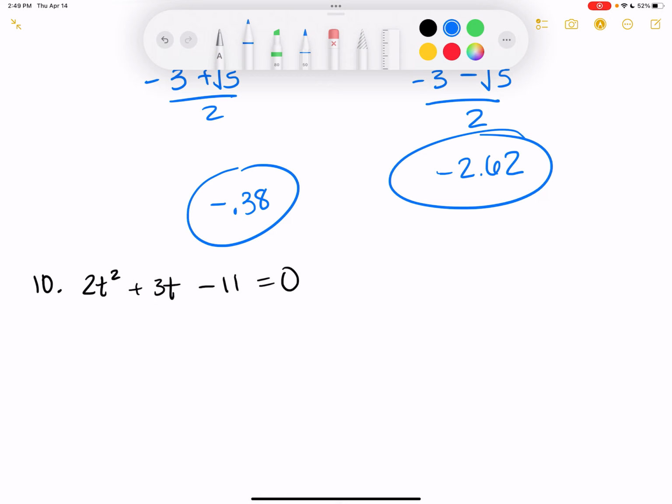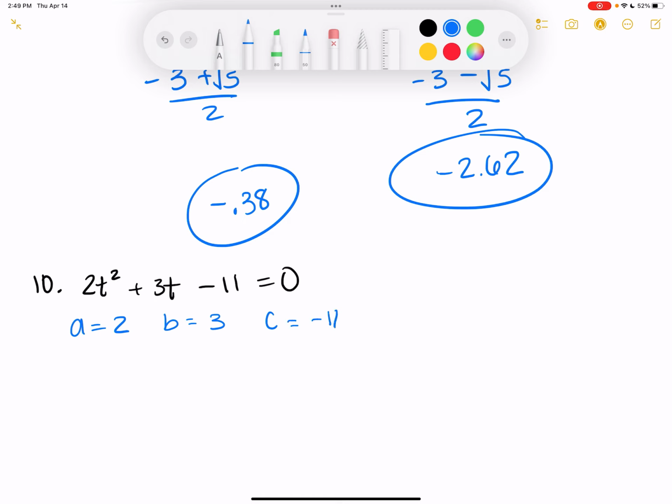Alright, so what is A? A is 2. What is B? 3. You were ready to start plugging in. C is negative 11.